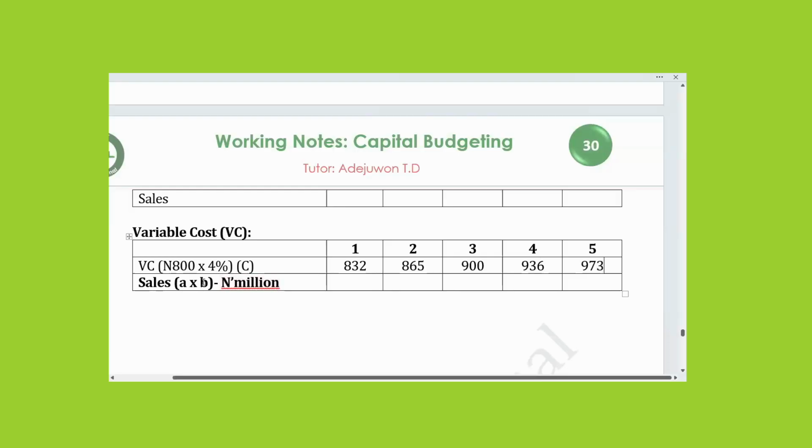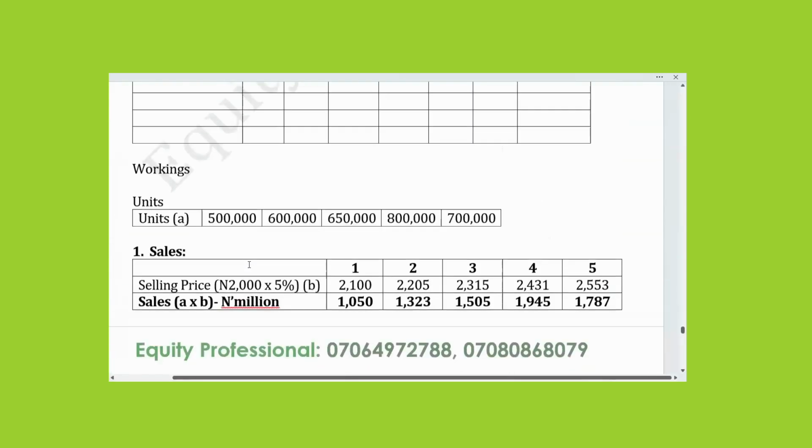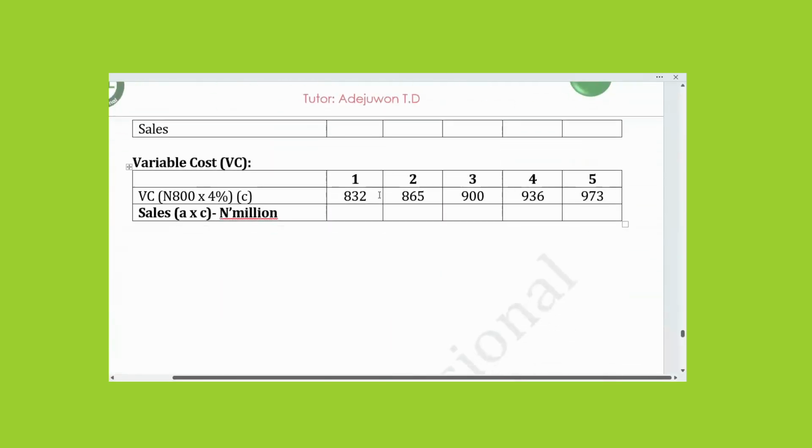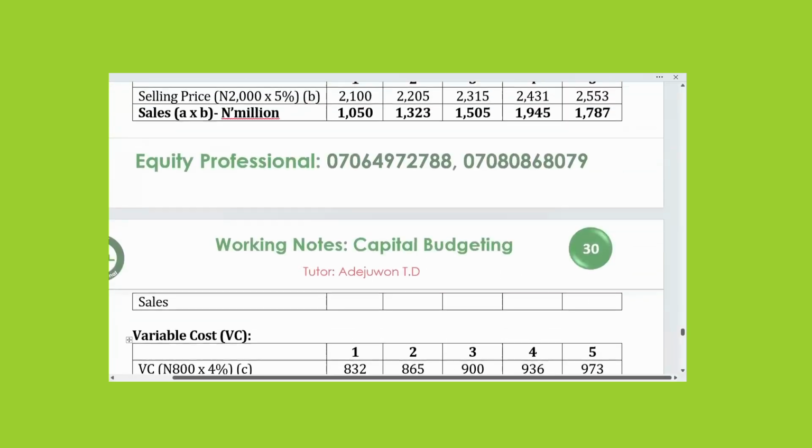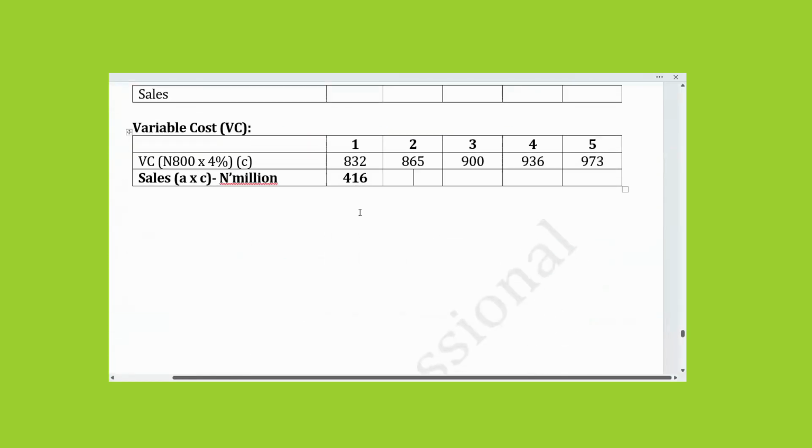So you then multiply with the number of units produced. A multiplied by C. 500,000 multiplied by 832. What do you get? 416. Next one, 519.